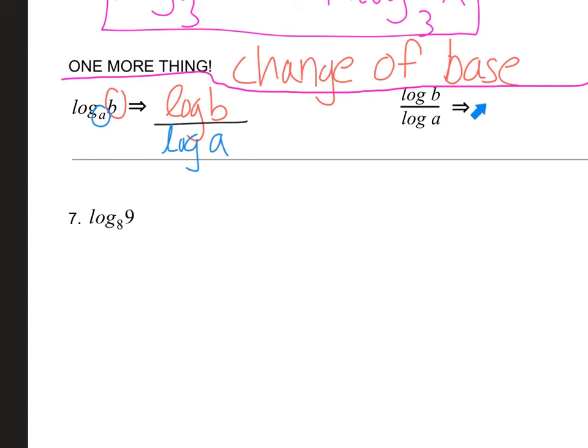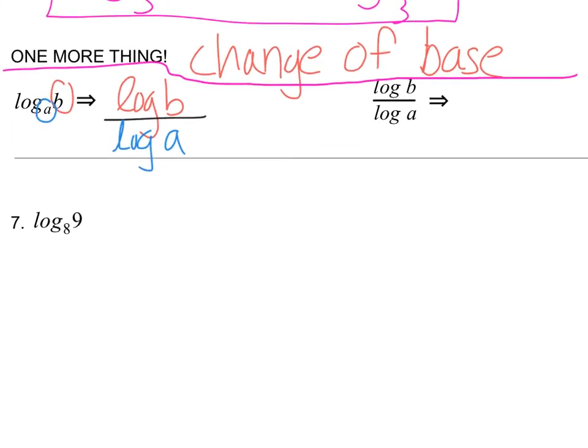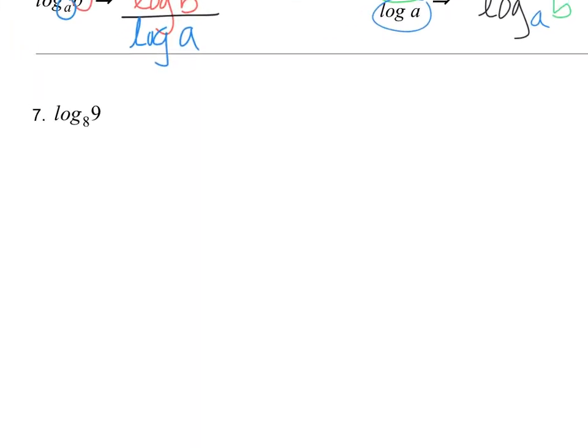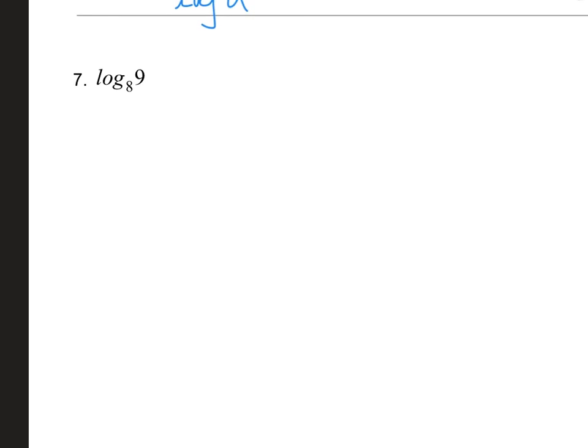And then same thing going backwards, right? I know we've done this plenty of times and you're already tired of it, but it's really the same thing going backwards. So if I take log of b and I put it over log of a, I can rewrite that and say that's the same thing as saying log base a of b. Same thing. So we're just going to practice one of those because it's extremely repetitive.